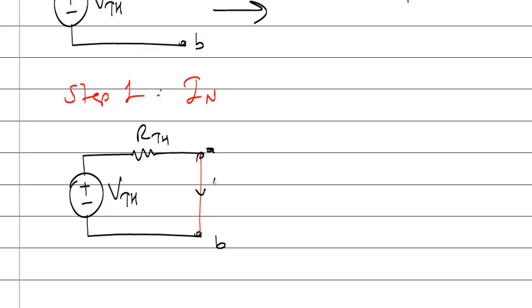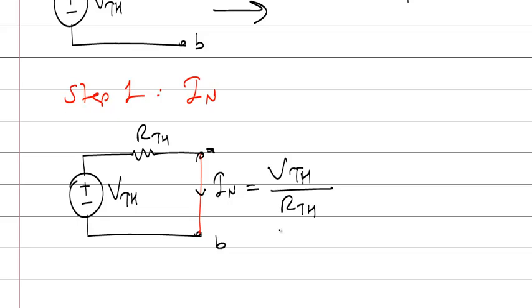We measure the current. That current will be the I Norton. And here, this current is the current of that resistor. Voltage of the resistor is V Thevenin. Resistance is R Thevenin. So this current will be equal to V Thevenin divided by R Thevenin.